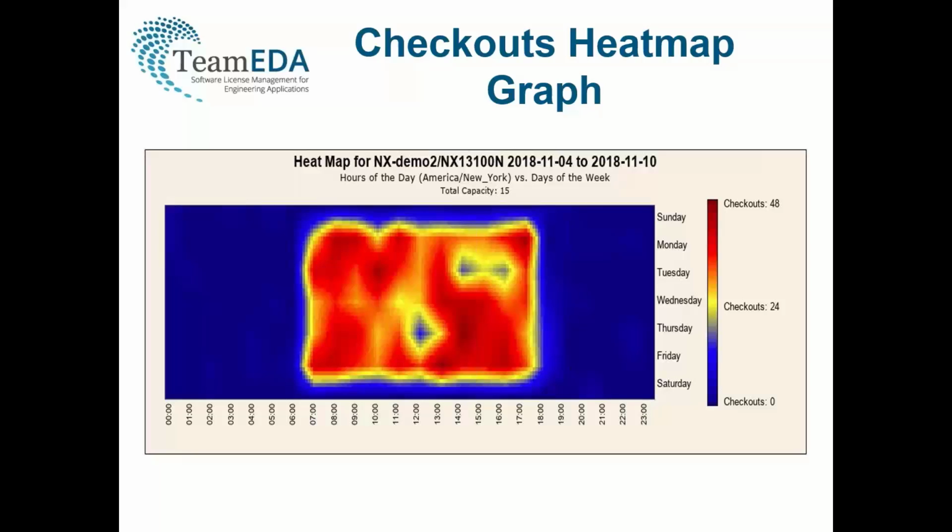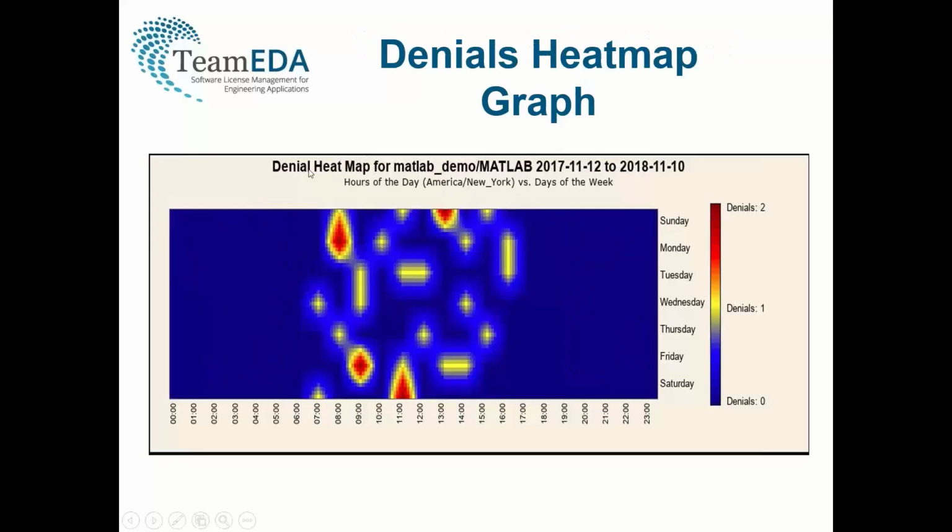With some of these heat maps, it's easy to see where your clash points are going to be. We also have heat maps for denials, which I didn't show you, but are certainly possible. So you might question, we're getting a lot of denials at 8 o'clock on a Monday morning. Is there some way we can spread our users around further?